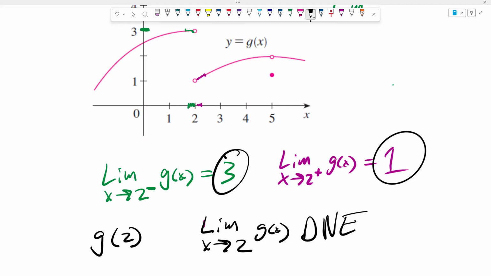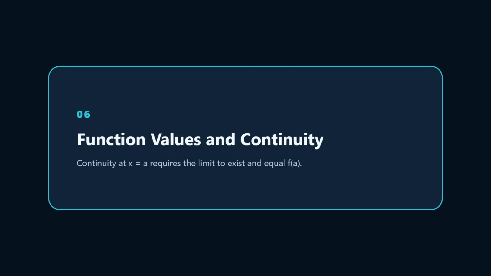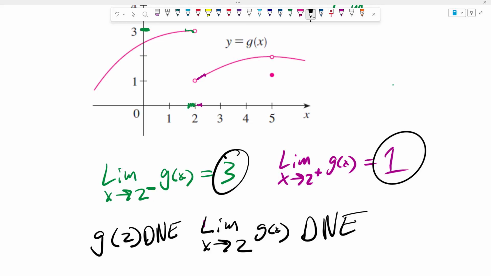Where's the red dot at 2? There is none. So this does not exist as well. So at every x value, we always have a left-hand limit, a right-hand limit, the limit, and the actual function value. And they all might be a number, they all might not exist, and so on.